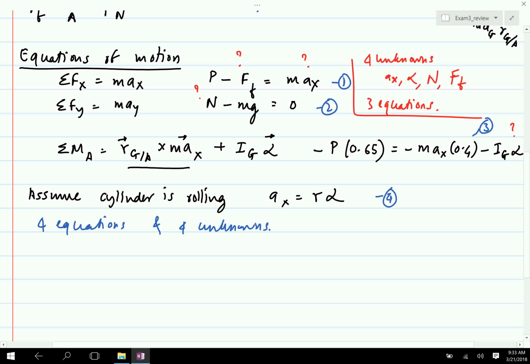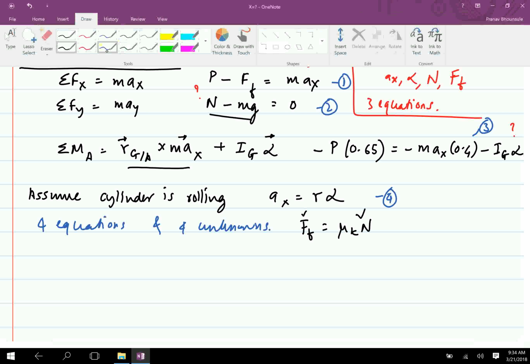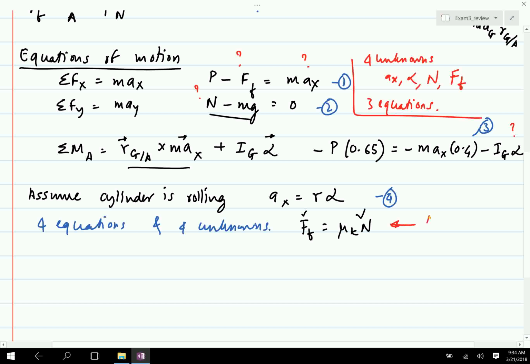If you solve for them, you get, yeah. No, so you're asking if FF is mu k times n. Is that the question? If you find n, which you can from this equation, can you find FF? That's not right. Not true for rolling.